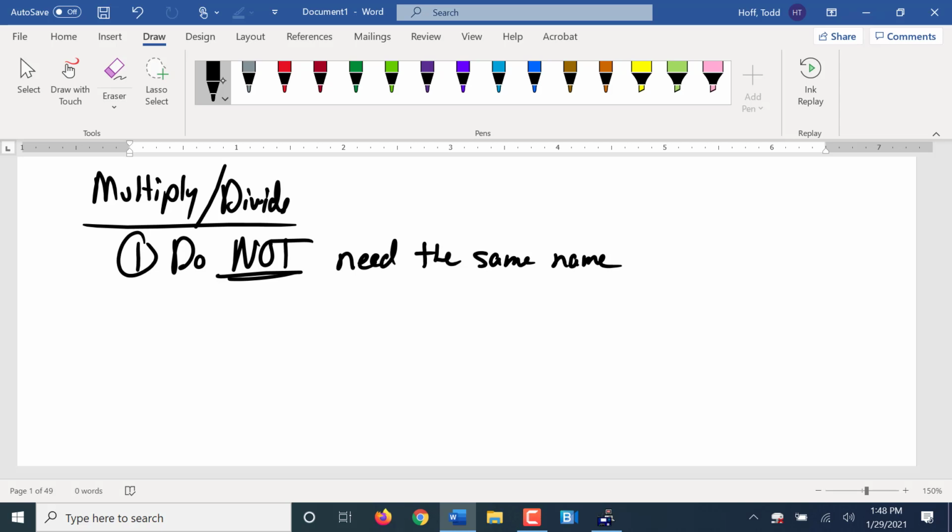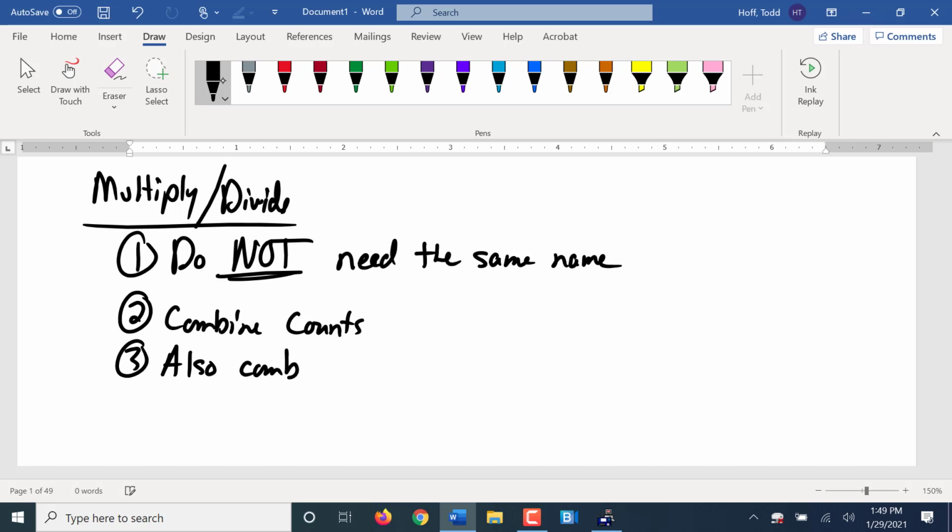Algebraic numbers, the same thing. Scientific notation, same thing. We can combine, we don't need the same name. We're going to end up combining those names. So we combine counts. And of course, we also combine names.